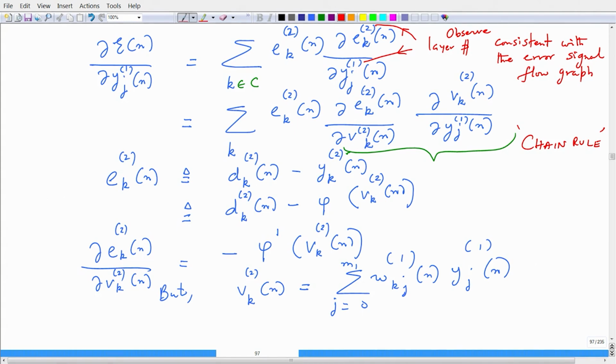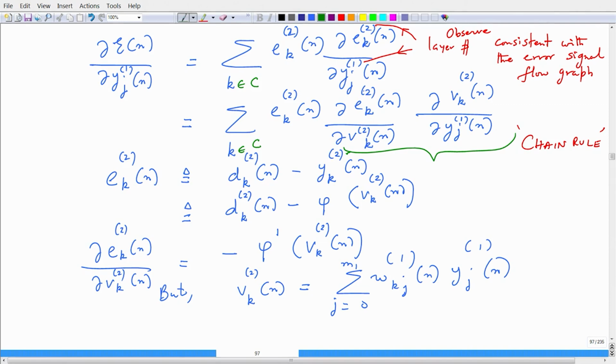Now if you have gotten this concept, it is straightforward. Now you just have to compute the partial derivative of each of the errors in the output layer with respect to the functional signal. So therefore you have the summation over k, right. I will just put k belonging to C, it is sort of straightforward even without this belonging to C. Okay. Now we can compute e_k of n, which is d_k(n) minus y_k(n).